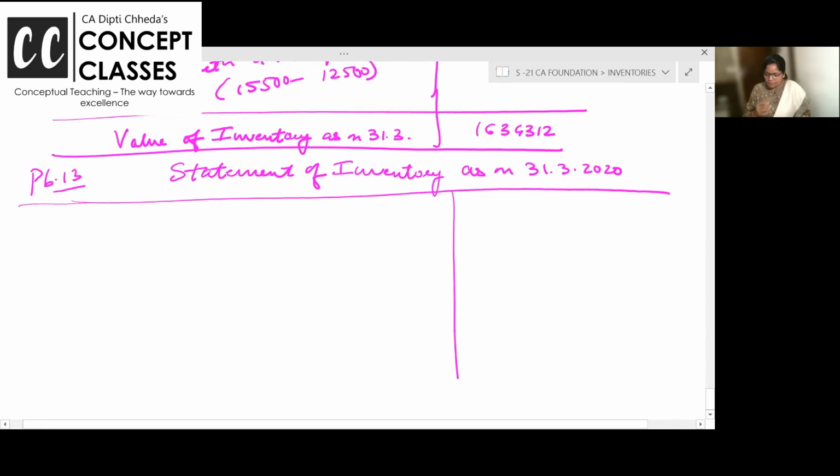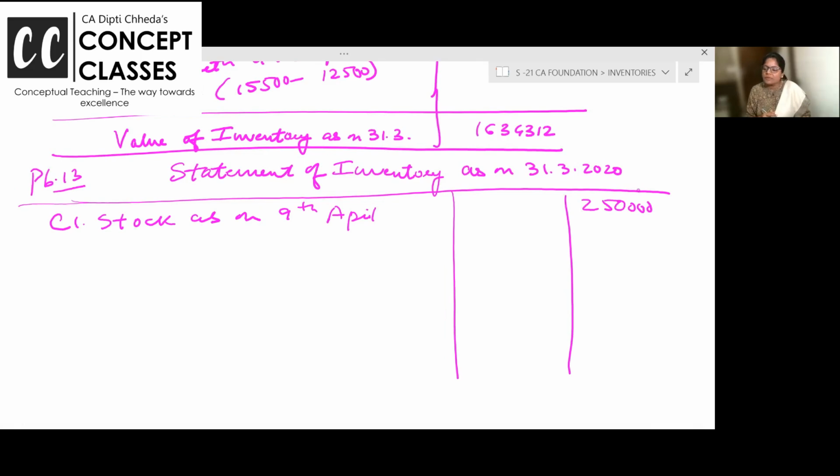Particulars and amount. Make two amount columns. The working that we are lessening, we will write that also. Closing stock as on 9th of April, 2,50,000. Closing stock as on 9th of April is 2,50,000.